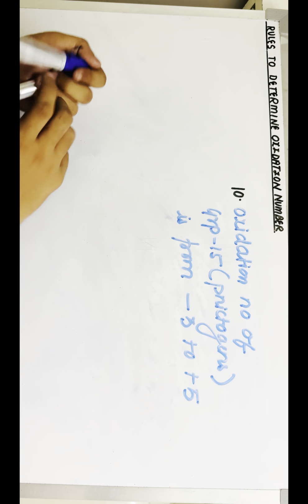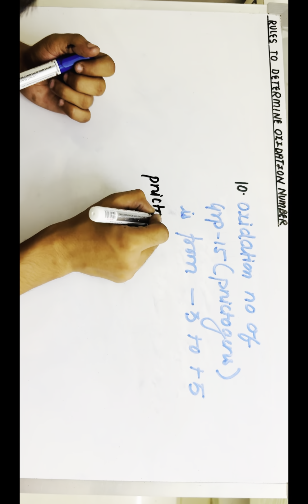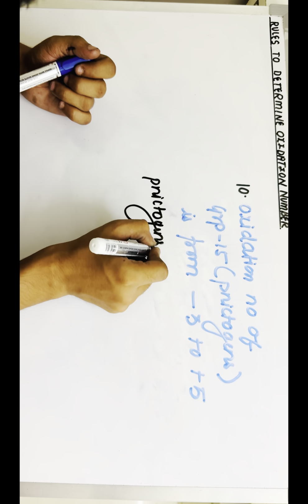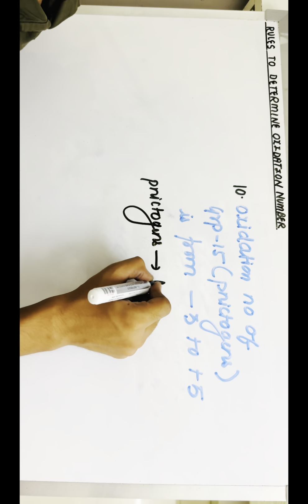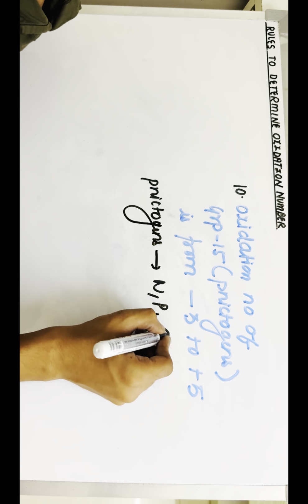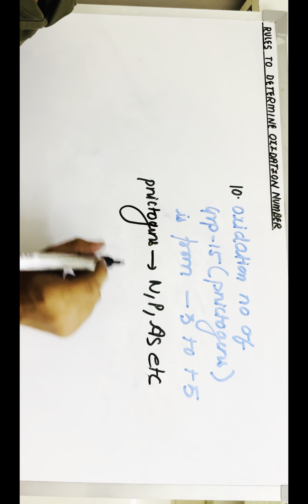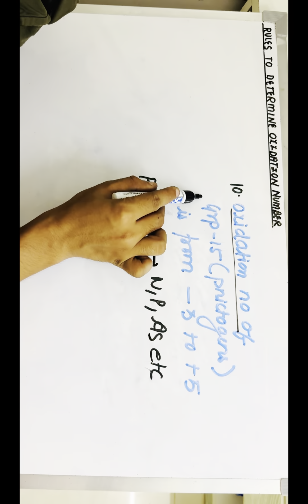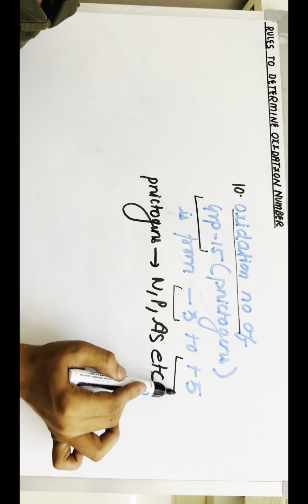And what are the pnictogens? Elements of group 15: nitrogen, phosphorus, etc. So oxidation number of group 15 elements is from -3 to +5.